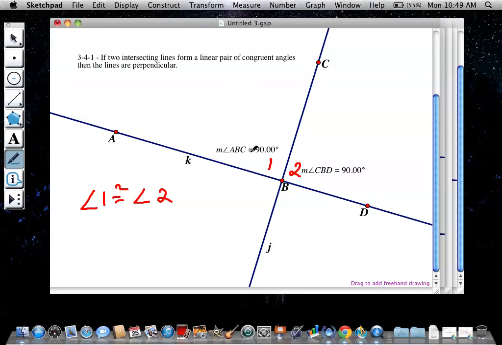Well, 90 degrees, 90 degrees, so therefore they are congruent, and when it's equal to 90, that means they are perpendicular. So that's the theorem. Two intersecting lines that have a linear pair, so 1 and 2 are a linear pair, and they are congruent, then the lines are perpendicular.